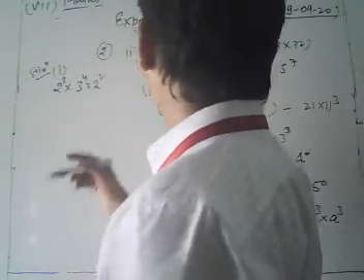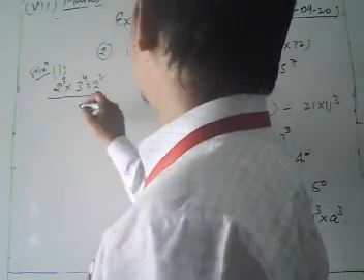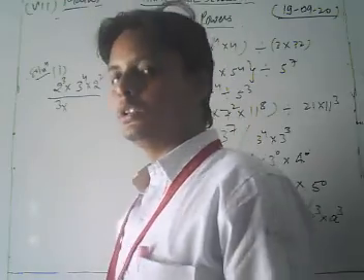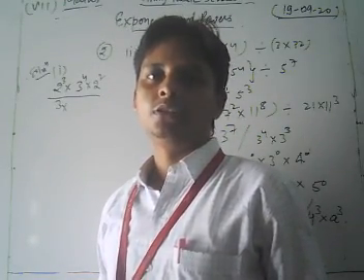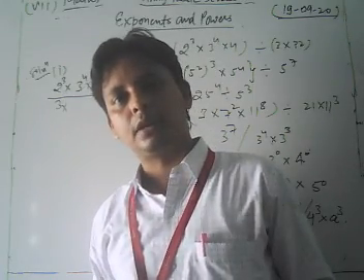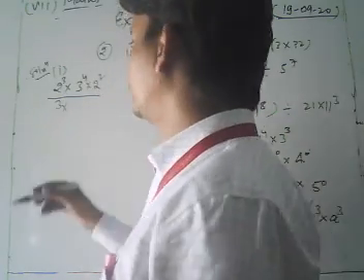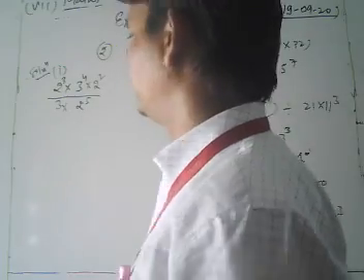Now divided by 3, write as it is. 32, dear student, we can write as 2, 4, 8, 16, 32. So we can write 32 in the base 2 as 2 to the power 5.